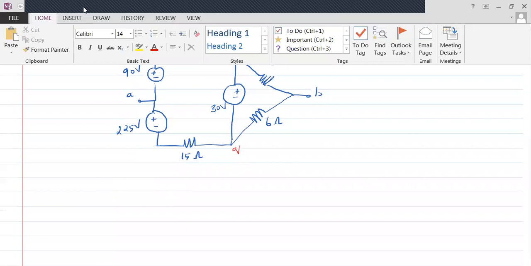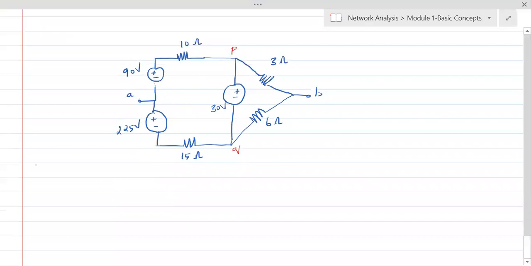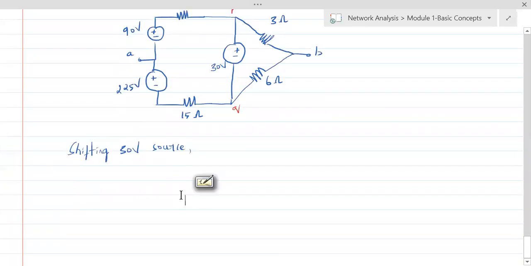Hope everybody does that. So how does it look after you shift?